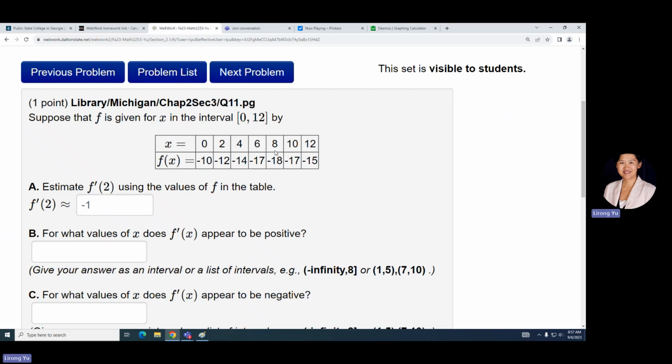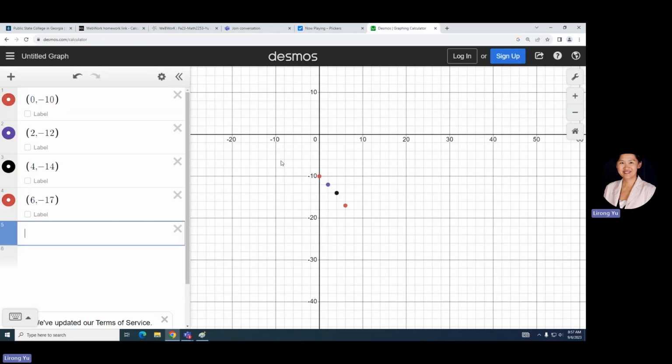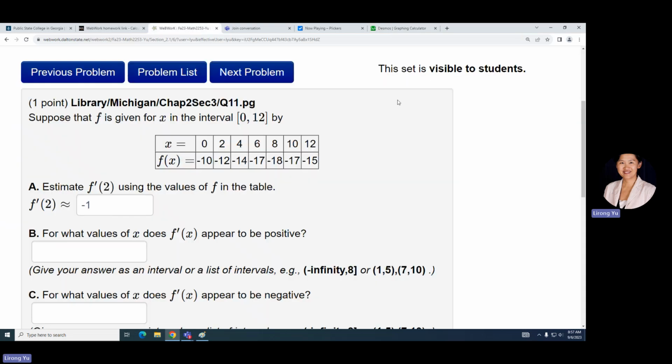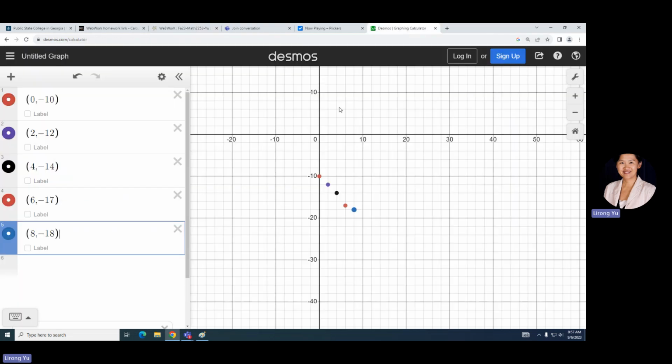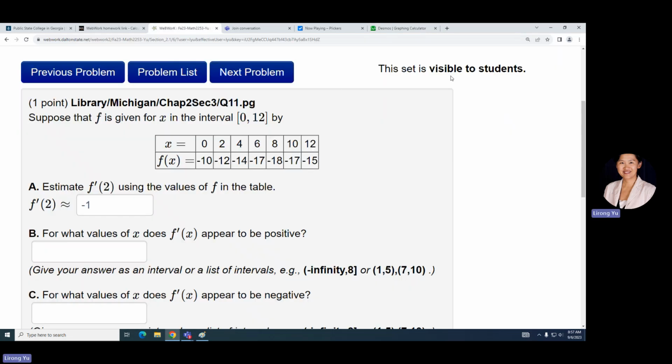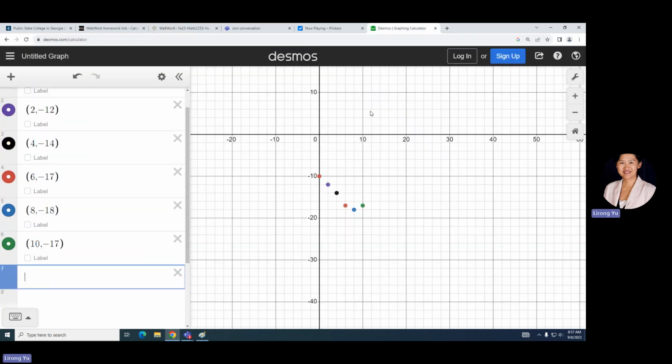If we do it by hand, it's not that hard, but with computers, it's really easy. Now, 10, negative 17. It starts going up now. 12, negative 18.